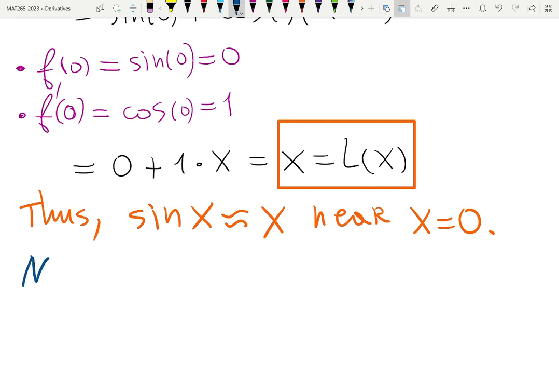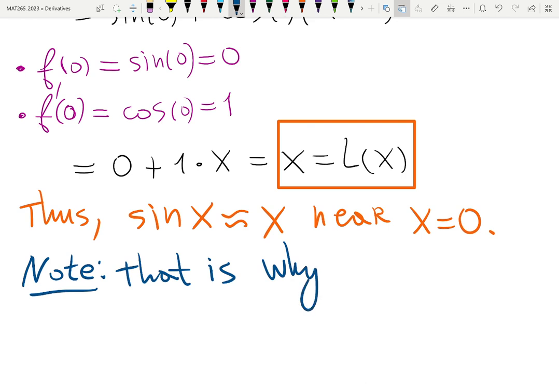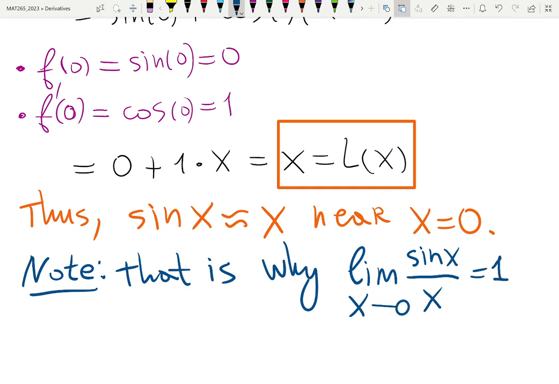Note that this is why, well, not only because of that, the limit of sine x compared to x, when x is close to 0, they give you the same thing. So the ratio is 1. It's not only that that is why, but then we're going to learn other methods to prove this amazing limit, including L'Hopital's rule, which is coming, and so on.